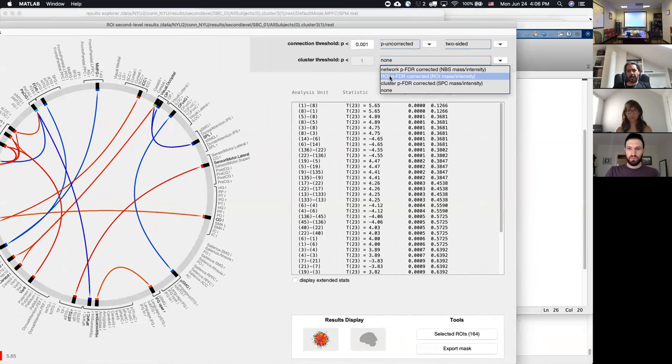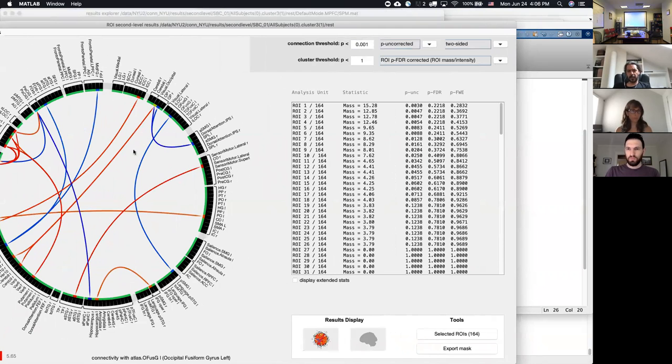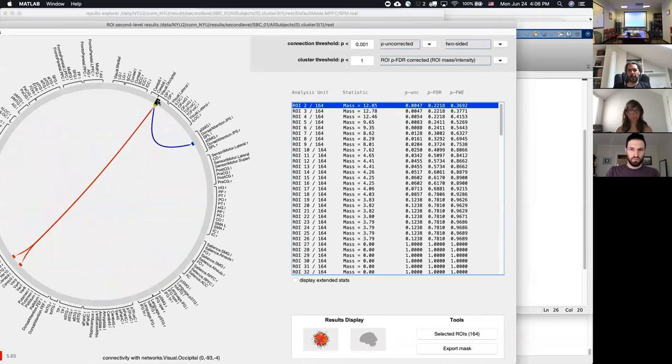You can cluster them at the level of an ROI, for example, and that would mean that you group all of the connections that come from the same region. So if you have a particular region here, and you have multiple lines coming out of it, then that forms a group of connections. And you can analyze whether this group of connections is significant or not, get a p-value associated with this group of connections, which is associated with this ROI.